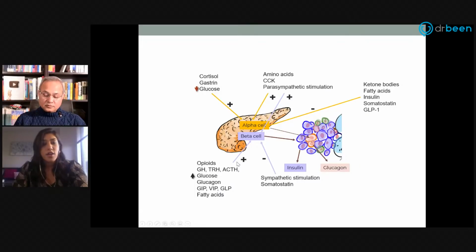And there are also other little amplifiers or potentiators, which can be nutrients or neurotransmitters, fatty acids, amino acids, which can play into insulin secretion. For example, there's one fascinating thing called the cephalic phase of release, which is mediated by the vagus nerve.